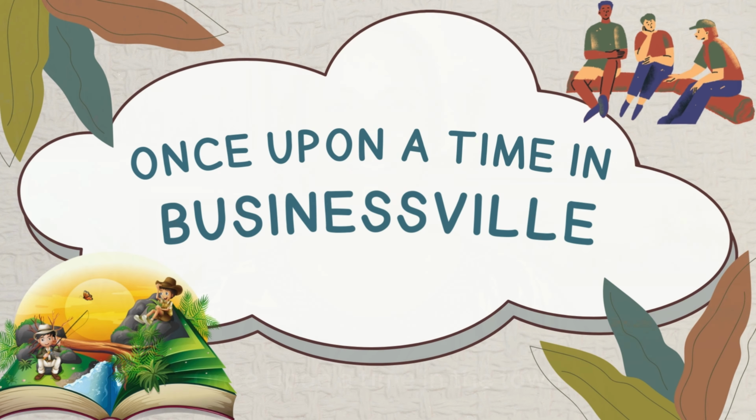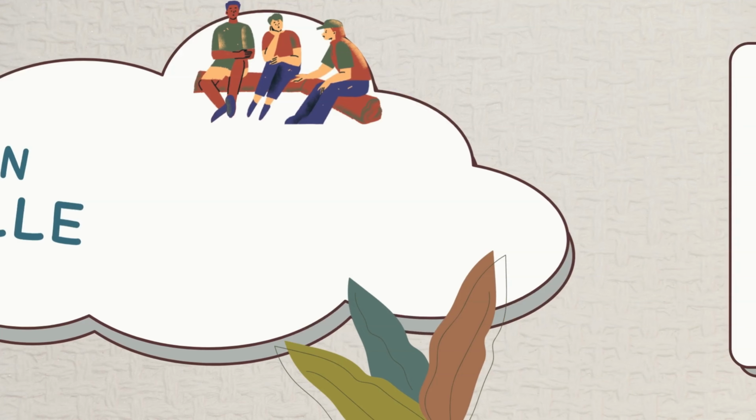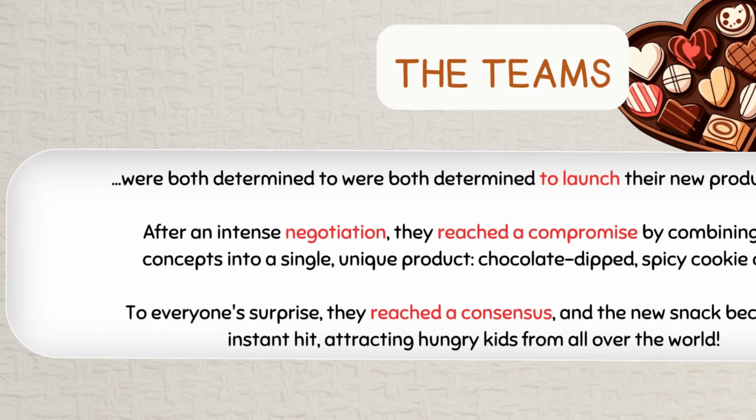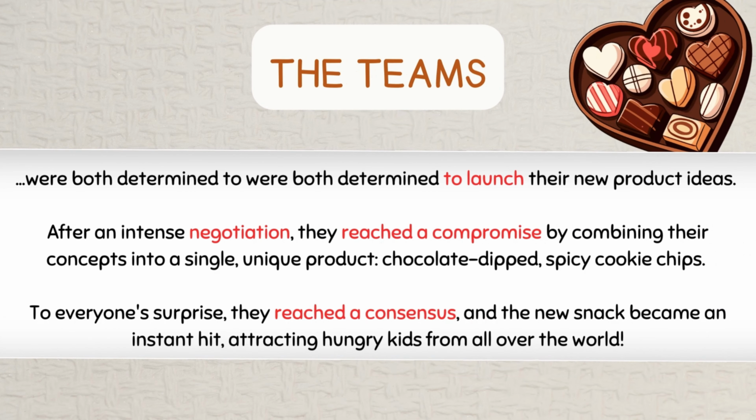Once upon a time in the town of Businessville, 2 rival teams were competing to produce the best snack for kids. The cookie team and the chip team were both determined to launch their new product ideas. After an intense negotiation, they reached a compromise by combining their concepts into a single unique product: chocolate-dipped spicy cookie chips.